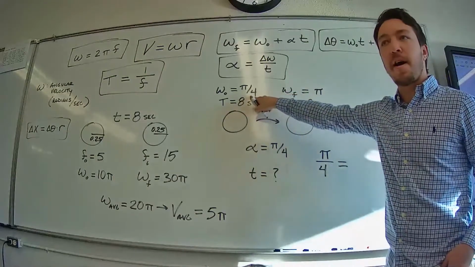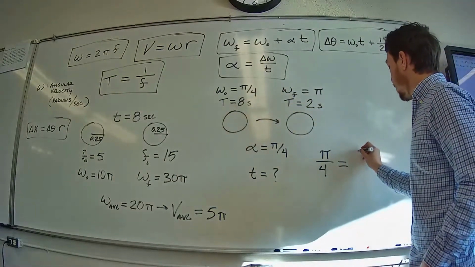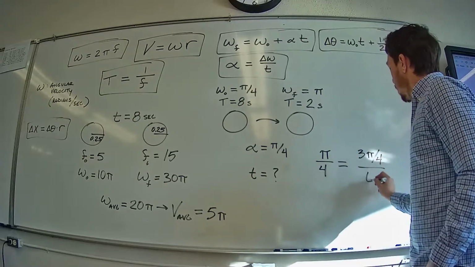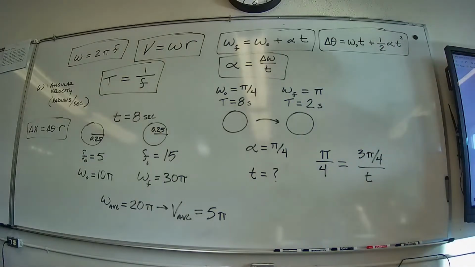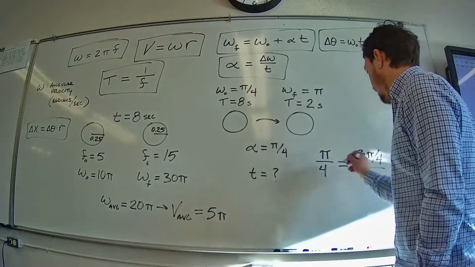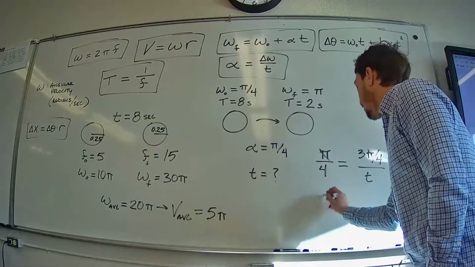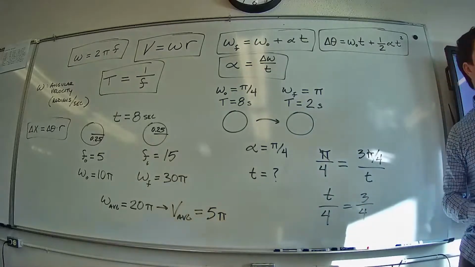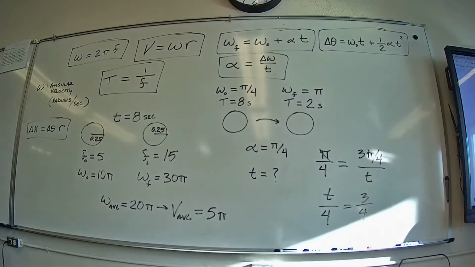I went from a quarter of a pi to a full pi, so the change was 3/4 of a pi. Do you feel okay about that? And so however you want to solve this, the pi's cancel out, multiply the t up, you have t over 4 equals 3 over 4, so t is 3. Feel okay? Okay. Let's wrap up these last 3 real quick.